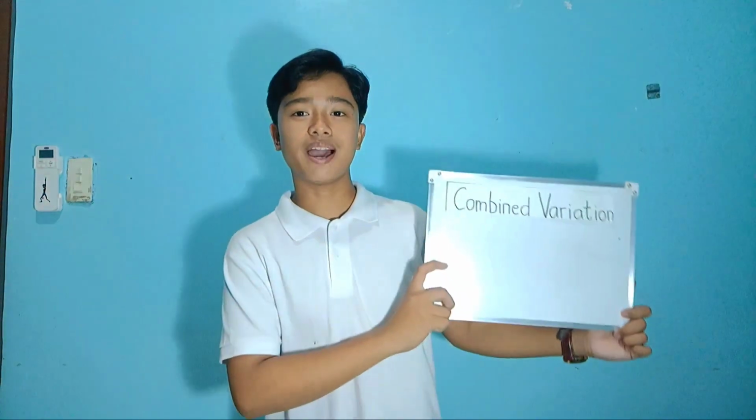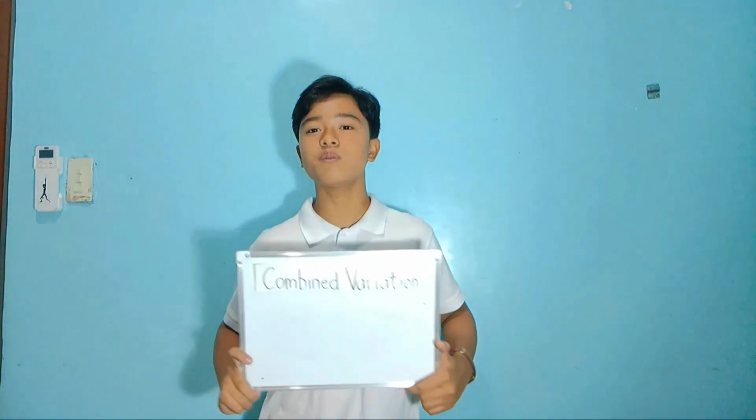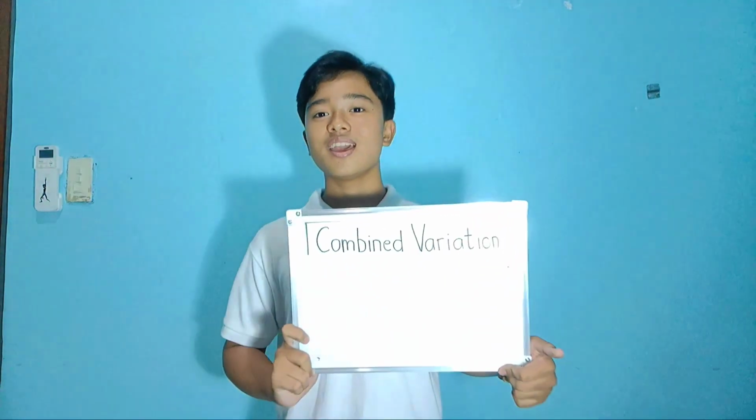After the direct, inverse, and joint variation, we will now proceed to the last variation in grade 9 mathematics, which is called combined variation. Are you familiar with combined variation? If you're not familiar with it, I will define what a combined variation is. In grade 9 mathematics, combined variation describes a situation where a variable depends on two or more other variables and varies directly with some of them and inversely with others.